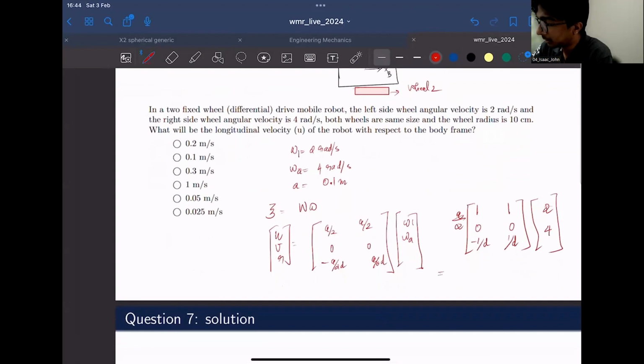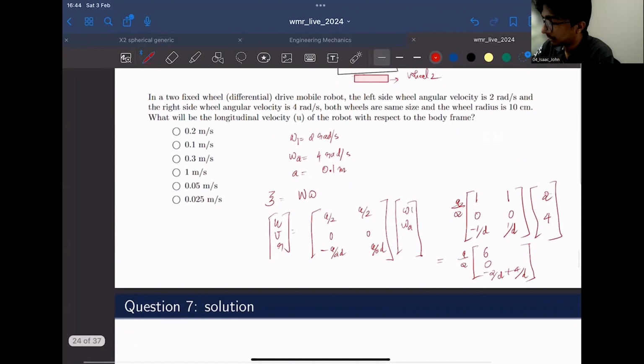It will be A by 2 times 2 plus 4, that is 6, right? Then the second would be 0, and the third entry would be minus 2 by D plus 4 by D. This will be your UVR vector.